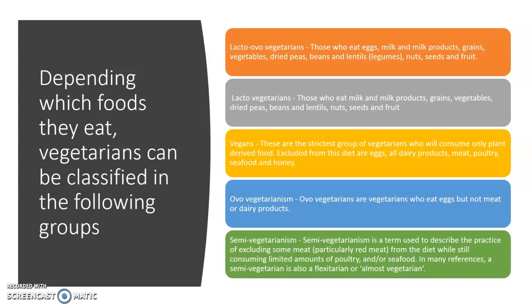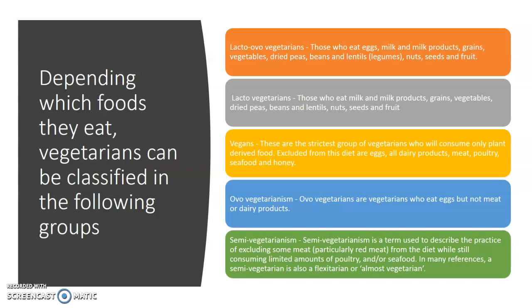So the first example is the lacto-ovo vegetarian. The prefix, the lacto-ovo, tells you what they will eat in addition to a vegetarian diet. So lacto is short for lactose, so milk products, and ovo is eggs.